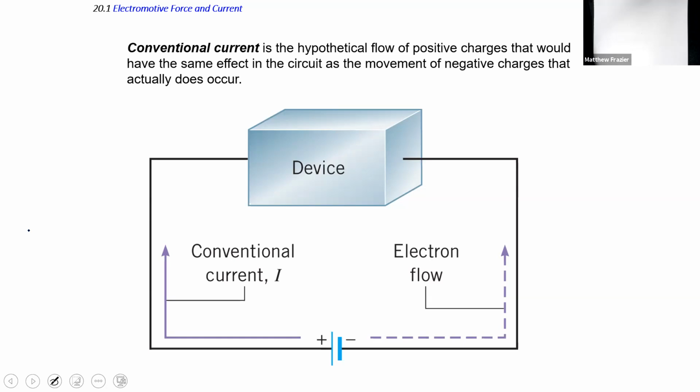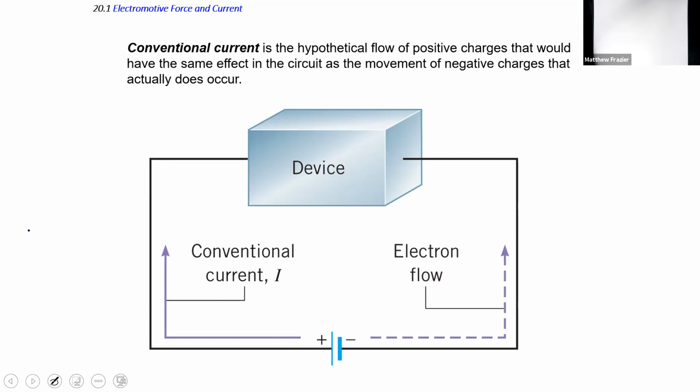And for a while, we didn't know this. This idea of conventional current is we have to pick a direction so that we can talk about what's going on in the circuit. And we don't know which way, so we got a 50-50 shot. And we picked wrong because we thought positive charges would be moving.